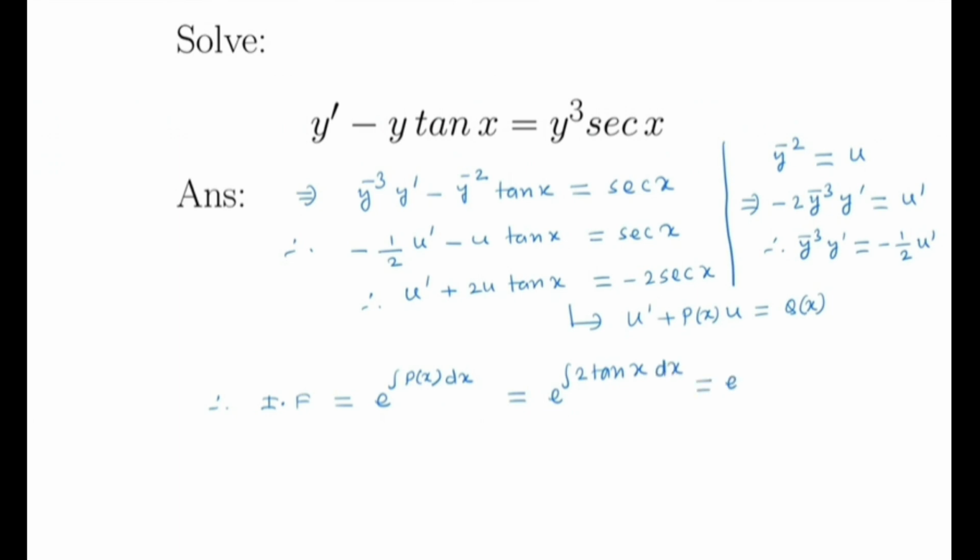It is nothing but e power 2 into integral tan x dx, and integral tan x is nothing but ln sec x. So it will be 2 ln sec x. So it is e power ln sec square x, which is nothing but sec square x only.